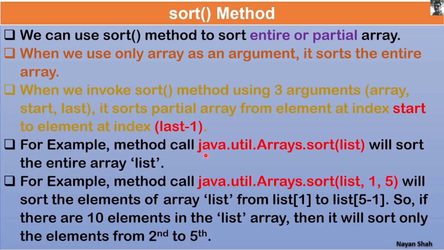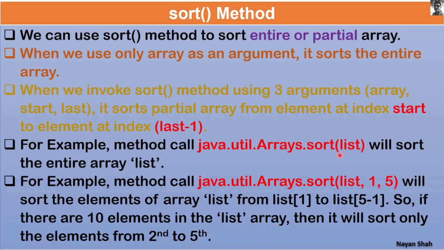For example, the method call java.util.Arrays.sort(list): suppose there is an array with the name list, then it will sort the entire array list. For example, the method call java.util.Arrays.sort(list, 1, 5). Now this will sort only a partial array.